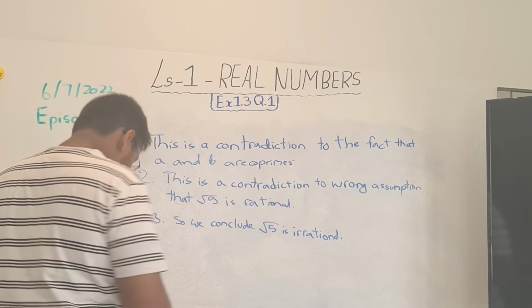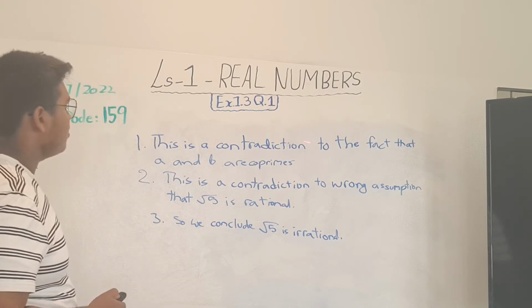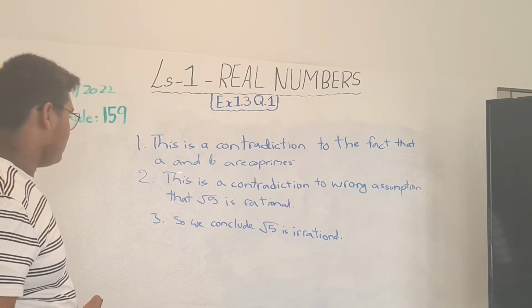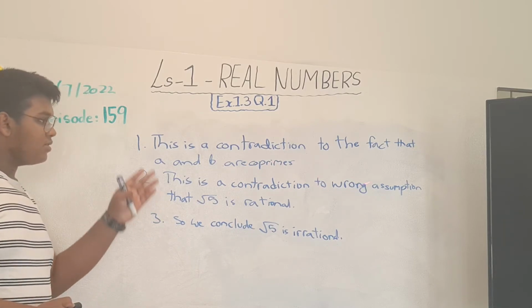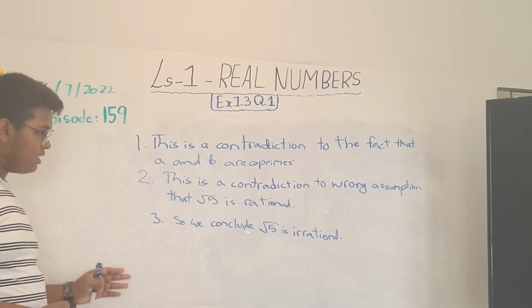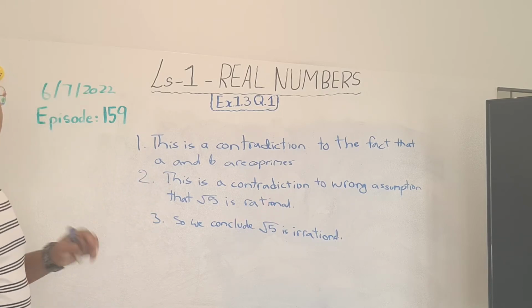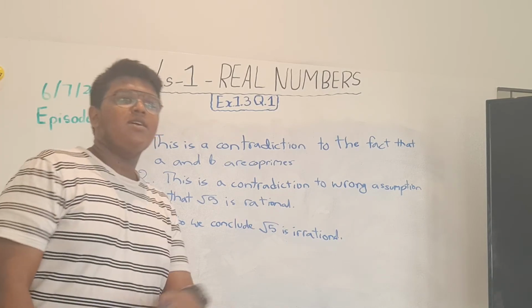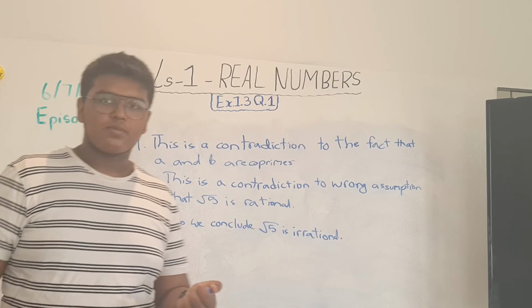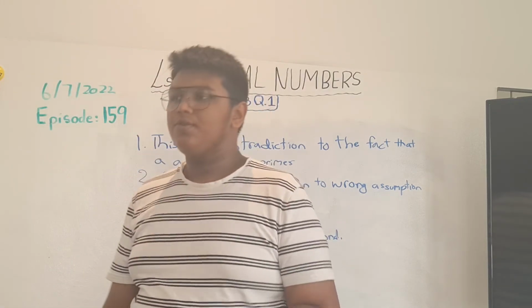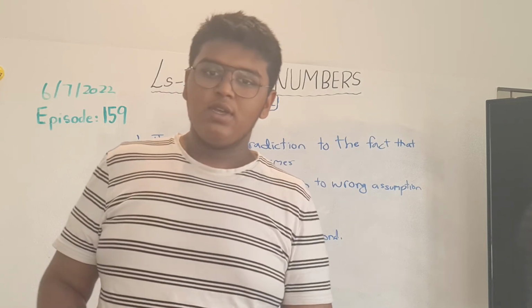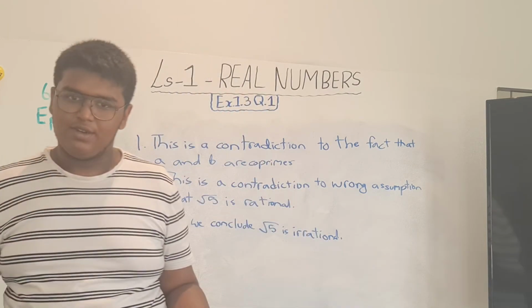So we can tell that this is a contradiction to the fact that a and b are co-primes. This is also a contradiction to our wrong assumption that root 5 is rational. Do you remember that in the starting of the answer, we had assumed root 5 as rational?